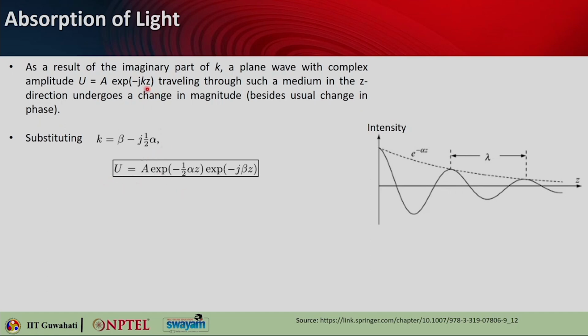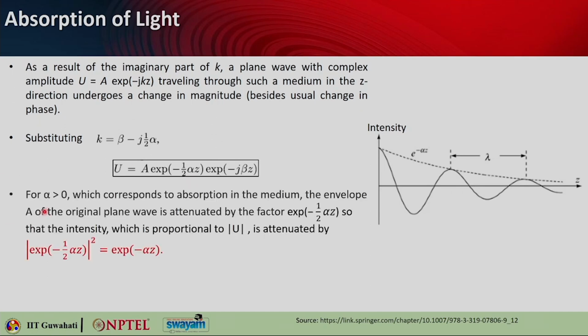Once you put this k here, you have u equals A exponential minus half alpha z times exponential minus j beta z. This is the oscillating factor. Exponential j theta is basically the oscillation factor, and this is the decay factor of the amplitude. So, you can see the amplitude is decaying with a factor of alpha by 2.